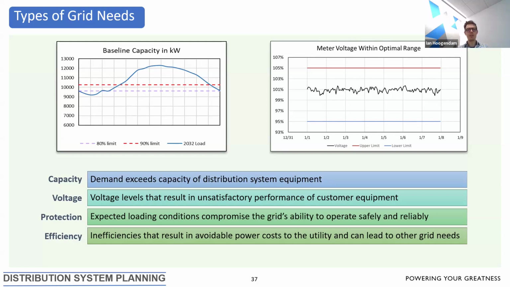And as I mentioned before, low voltage could be a common grid need that we find, and that could potentially result in non-optimal performance of customer equipment if it goes below that 95% limit. Finally, distribution system planning also reviews system protection to identify needs that result from increasing demand, as well as inefficiencies in the system that can result in avoidable power costs to the utility.